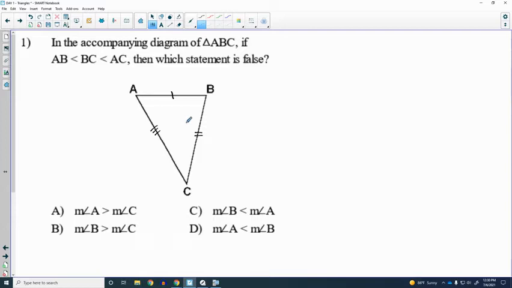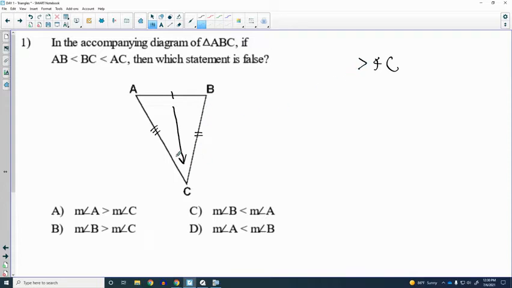Well, I'm going to start with the smallest angle. And the smallest angle has to be opposite the shortest side. So if AB is the shortest side, the smallest angle is going to be angle C. That's going to be the smallest angle.